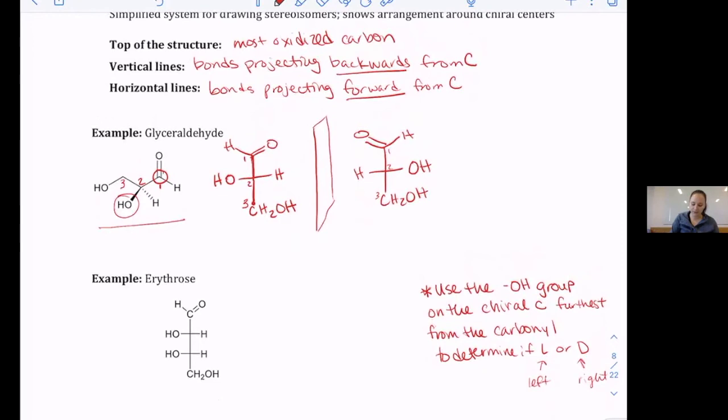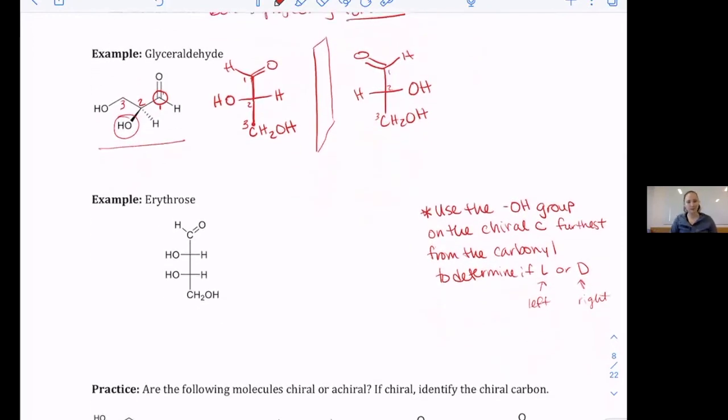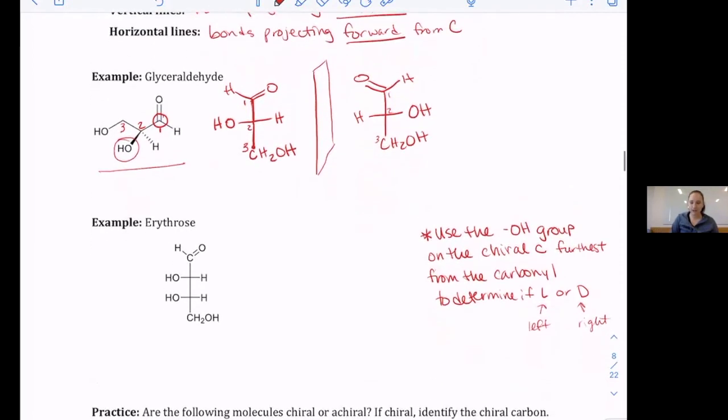Actually, let's do this next example and then we'll talk about that. So we have a Fischer projection here. Let's determine whether it is L or D, and then we're going to draw the enantiomer. And then for both the glyceraldehyde and erythrose, we're going to label whether they're D or L. So the chiral carbon furthest from the carbonyl: we have 1, 2, 3, 4.